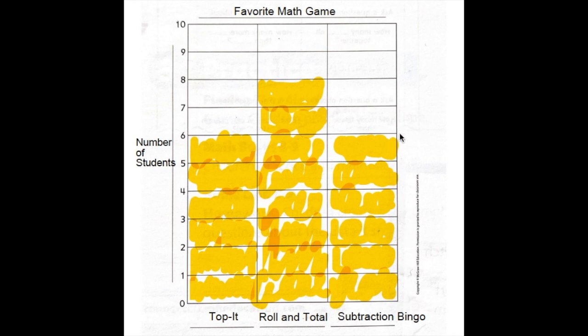We can see that Subtraction Bingo had 6 votes. Follow this line all the way across and we see the number 6. So these are the extras that voted for Roll and Total. So how many more? Right, 1, 2. 2 more people voted for Roll and Total than Subtraction Bingo.